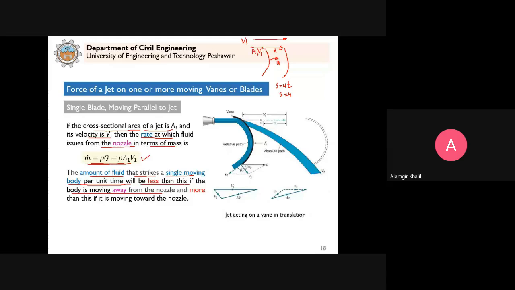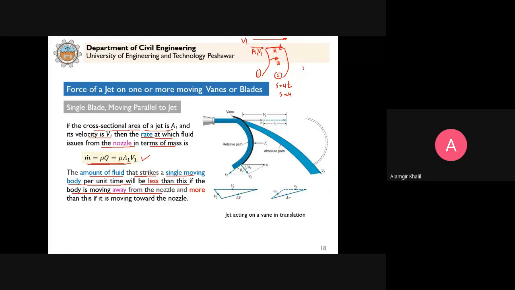Now you can see that if the vane moves from this point to this second point, some of the discharge will be used to elongate the jet. Previously it was hitting at position 1 here, but now the vane has moved to position 2. So some of the discharge is used to elongate the length, and the remaining will hit the vane.